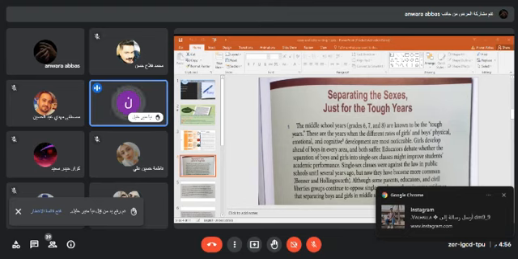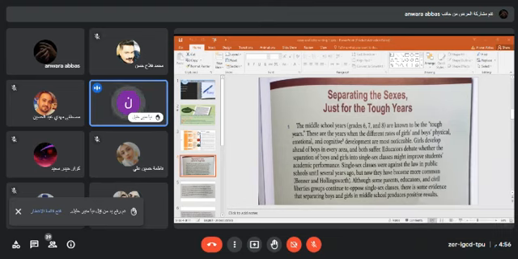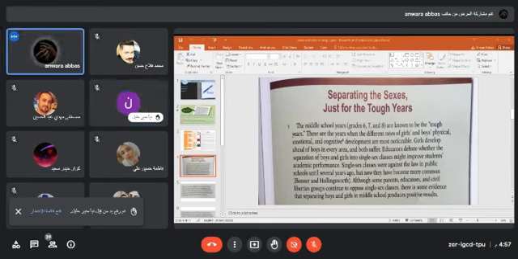Single-sex classes were against the law in public schools until several years ago, but now they have become more common. Although some parents, educators, and civil liberties groups continue to oppose single-sex classes, there is some evidence that separating boys and girls in middle school produces positive results.